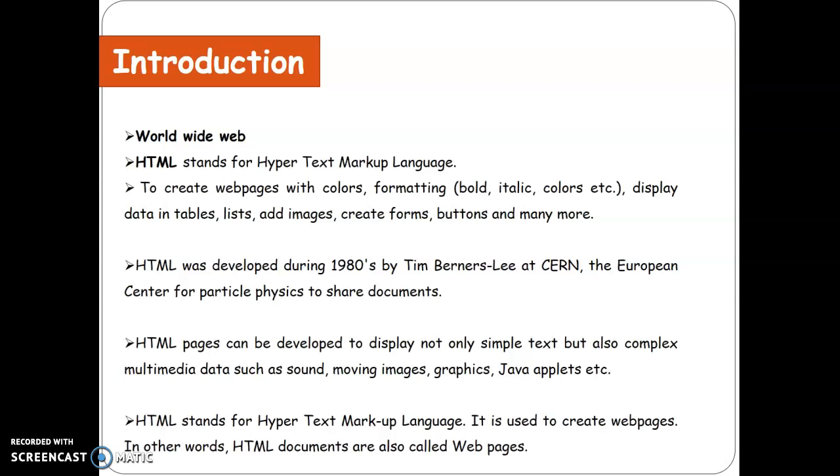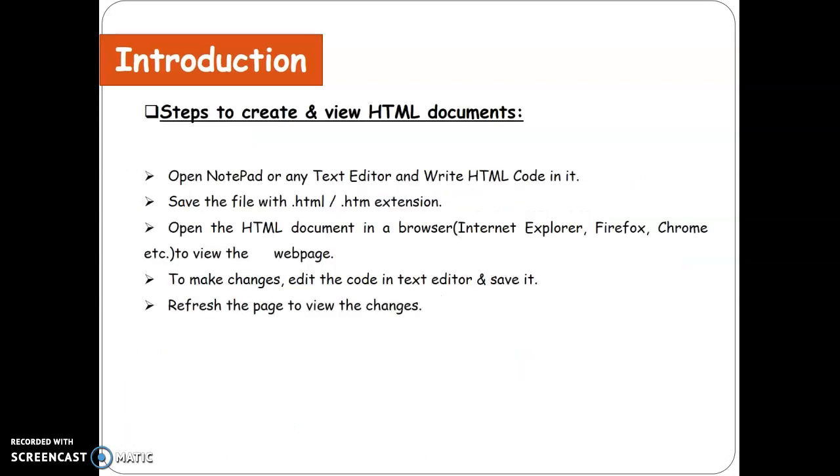HTML pages can be developed to display not only simple text but also complex multimedia data like sound, videos, images, and Java applets. HTML stands for Hypertext Markup Language. It is used to create web pages. In other words, HTML documents are also called web pages.